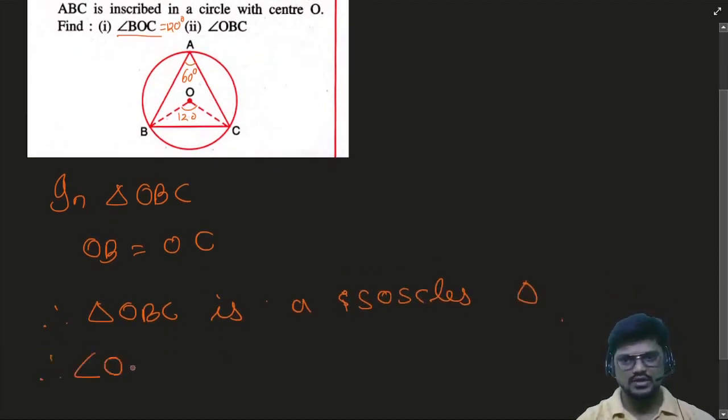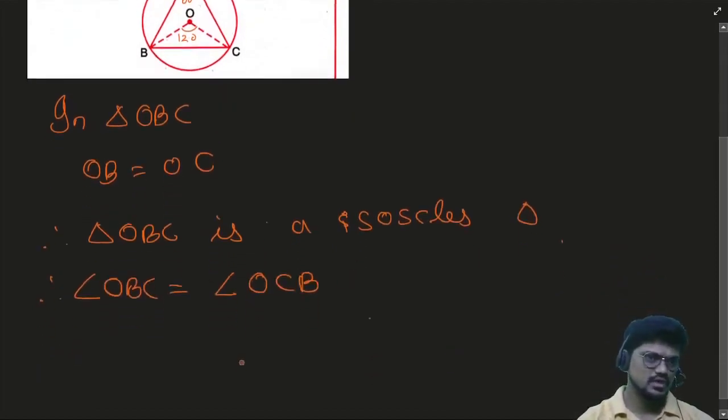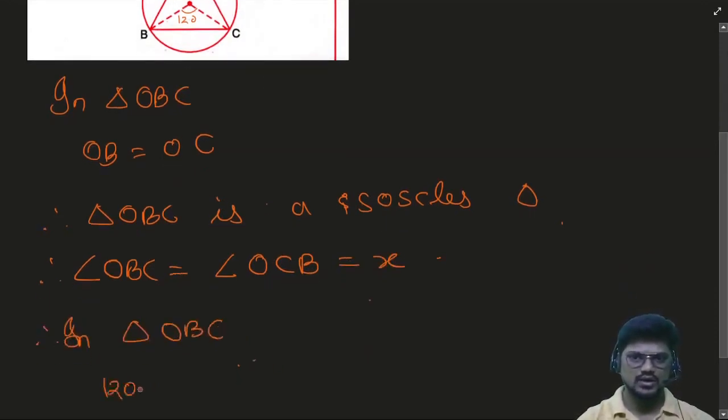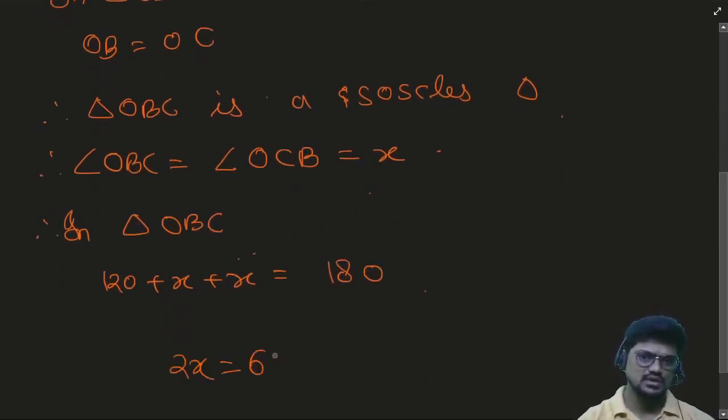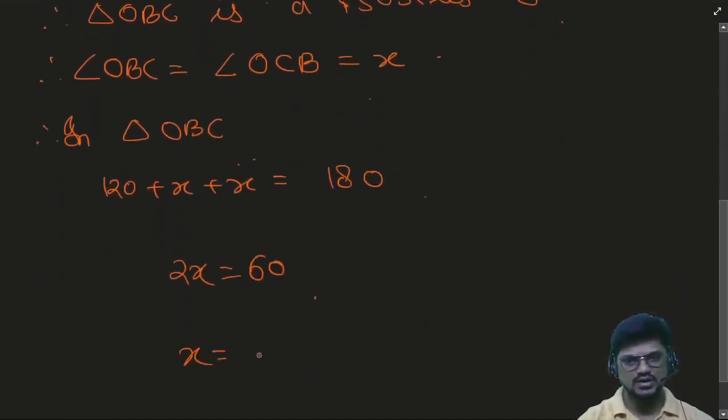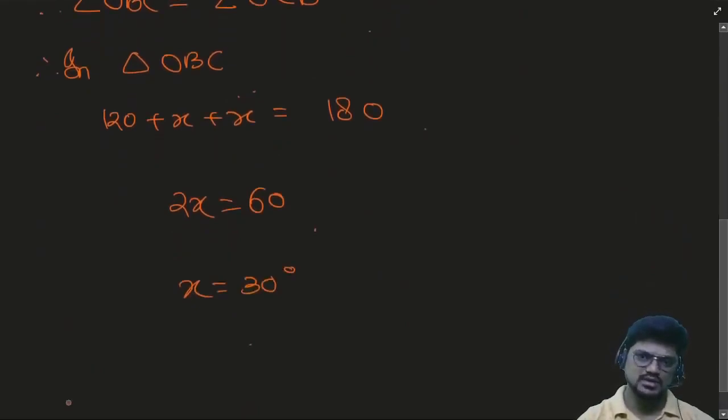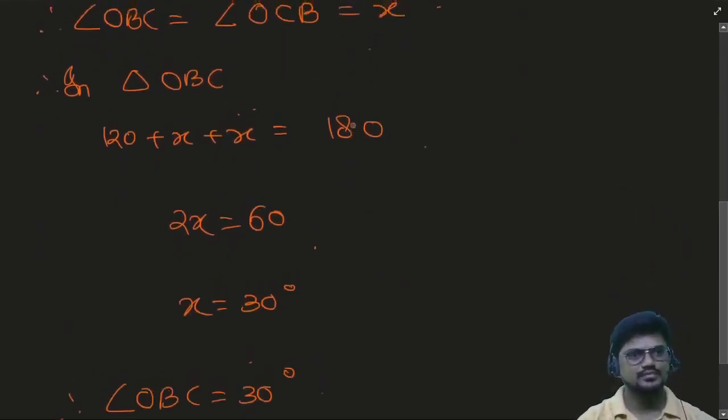Therefore, angle OBC will be equal to angle OCB, so they both will be equal. If I say this is equal to X, then in triangle OBC, what can I say? 120 plus 2X equals 180. So 2X equals 60 and therefore X equals 30. Therefore angle OBC equals 30 degrees. Fine. Easy.